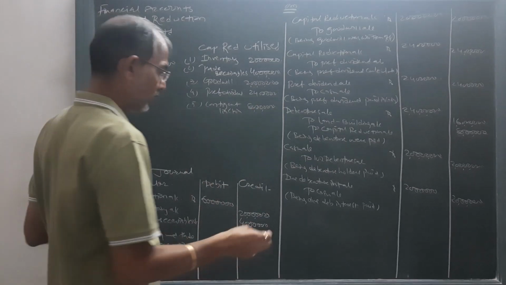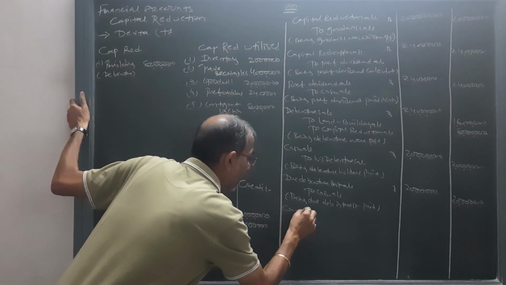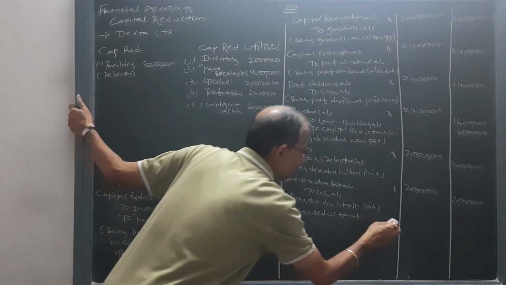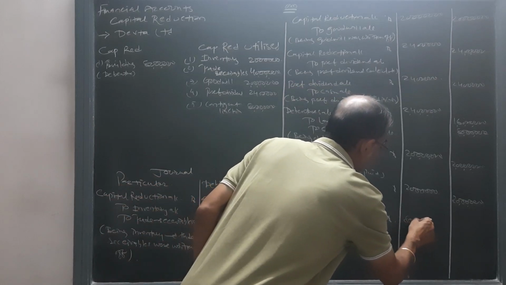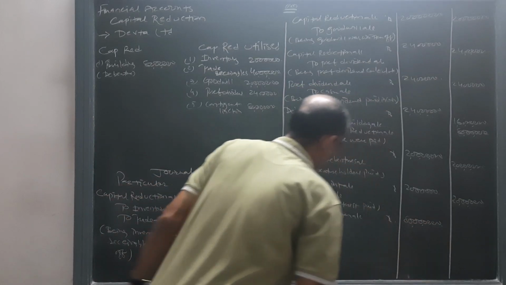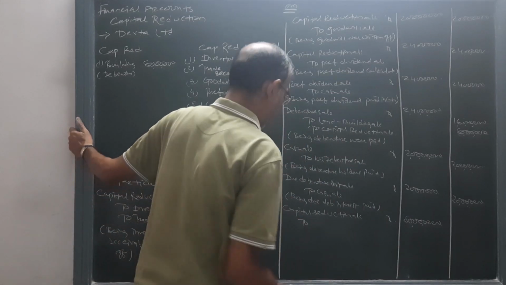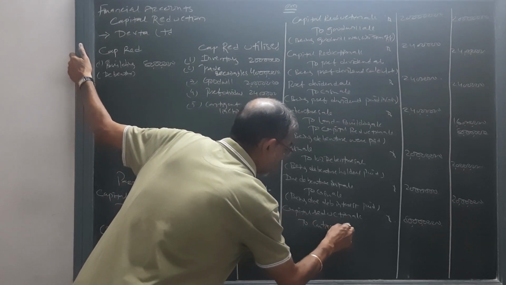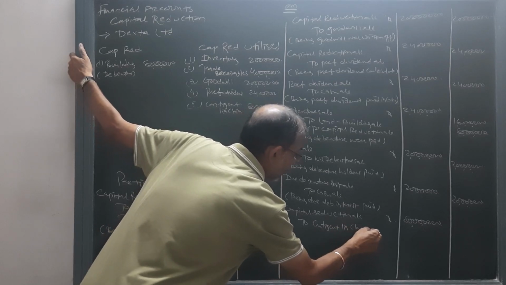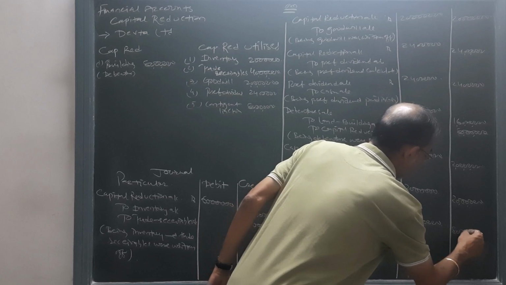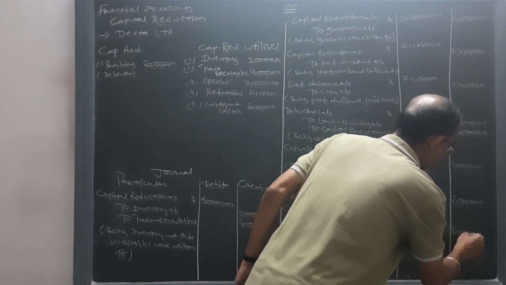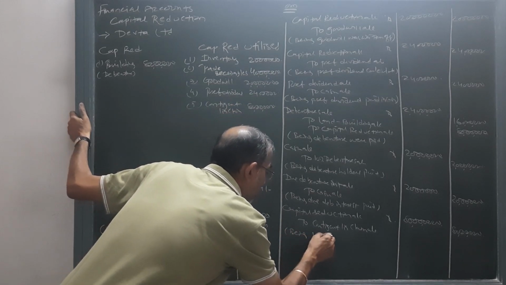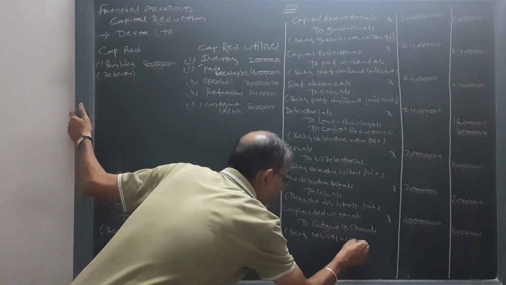So the entry for this will be: capital reduction account debit 80 lakh to contingent liability claim account, being liability accepted.